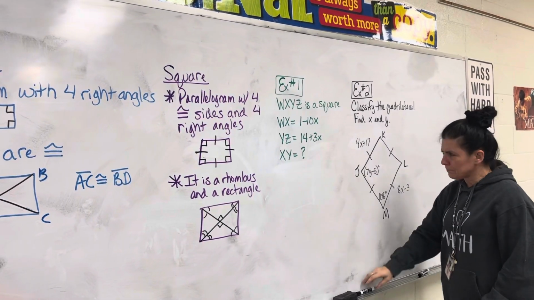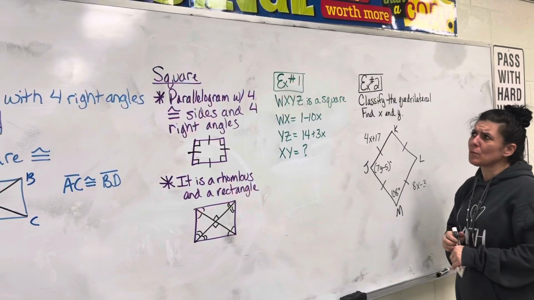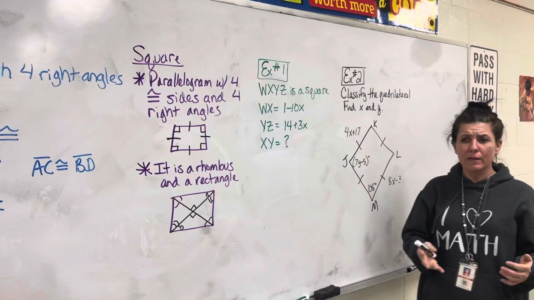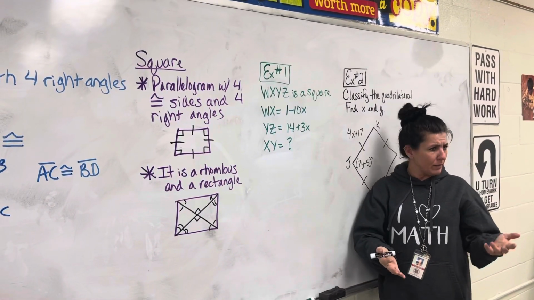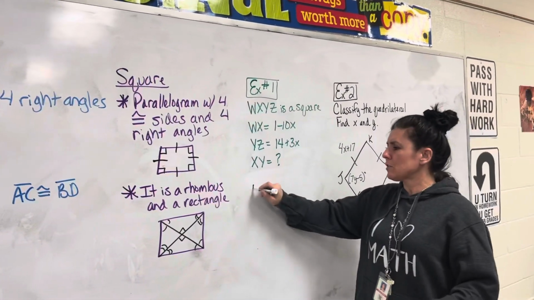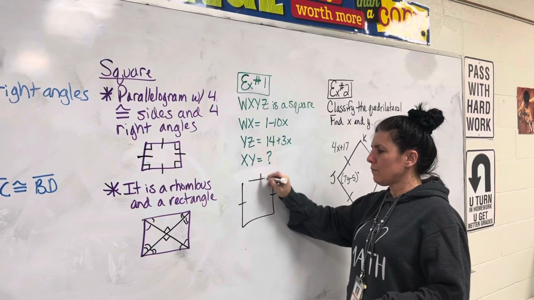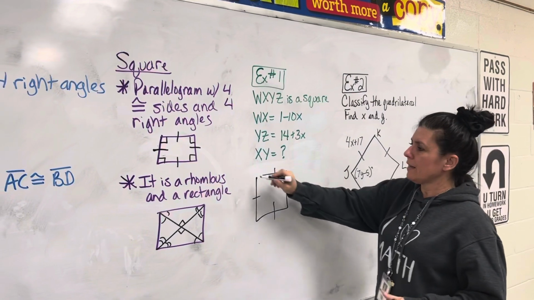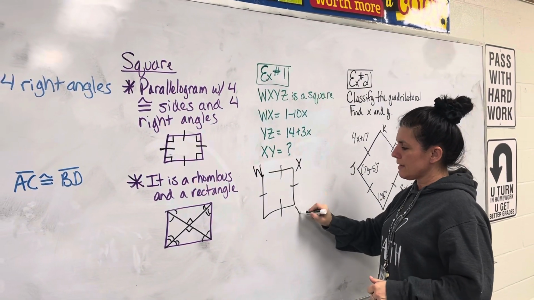Look at example 1. So it says WXYZ is a square. Anytime they don't give you a picture, make sure you draw one. It may or may not be helpful, but most of the time will be. So we have a square. We know that it has four sides congruent, and it's called WXYZ.